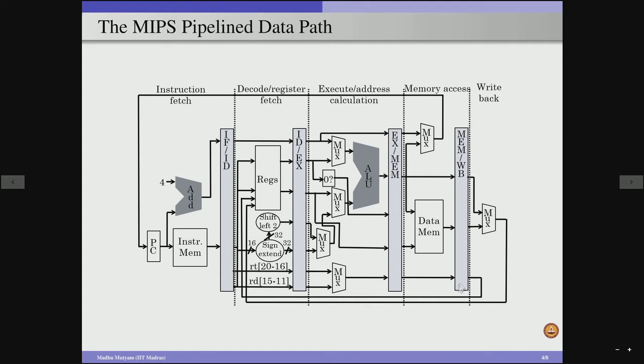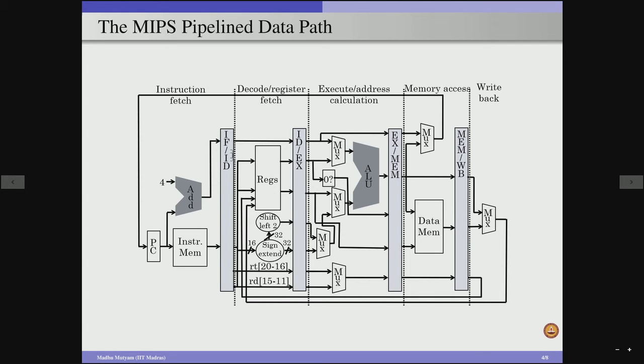And all these pipeline registers are latches. So, there is a clock associated with that, and at the positive or the negative edge of the clock, these latches are going to latch the inputs coming to them from the previous stage, and that will be latched in these pipeline registers.